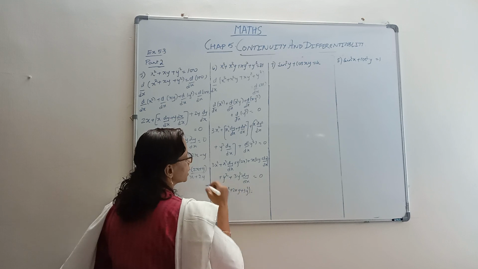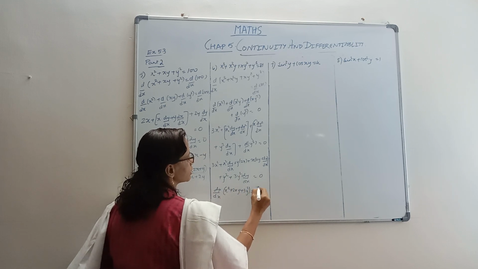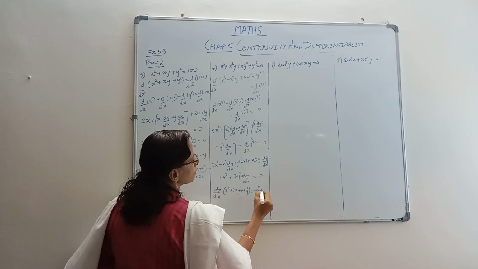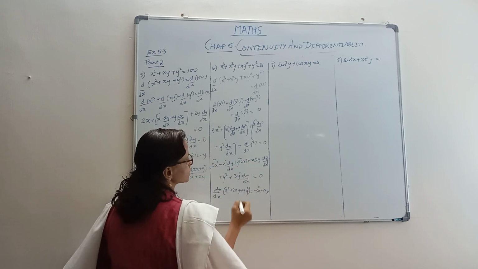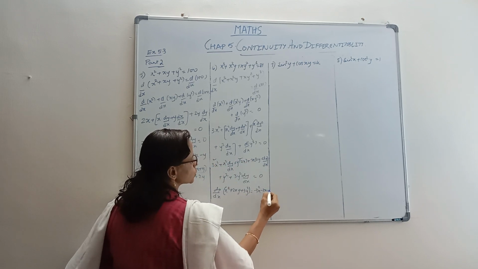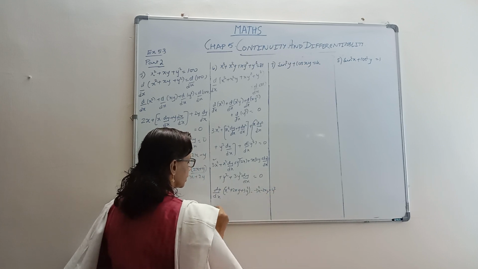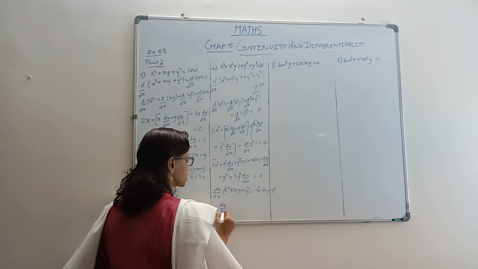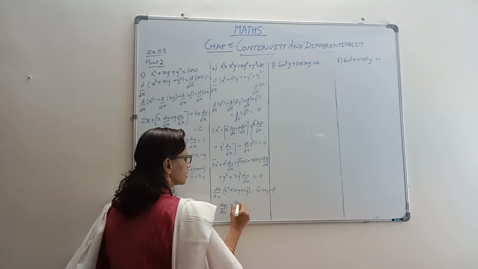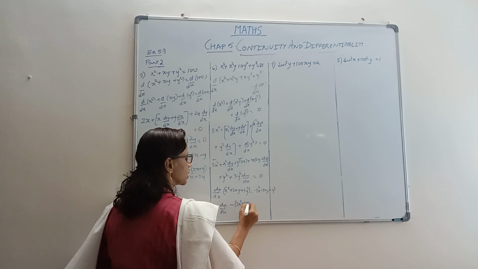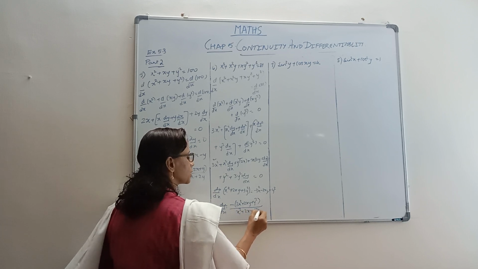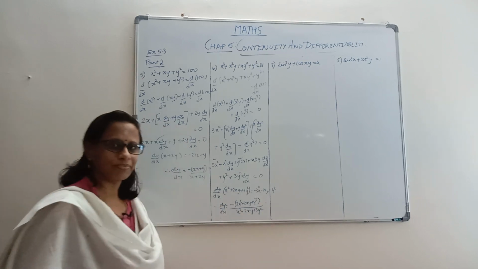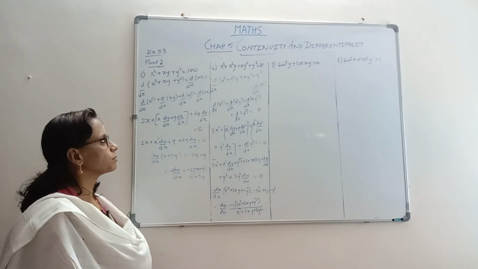And the non-dy by dx terms, we will take to the other side: minus 3x squared, minus 2xy, minus y squared. Therefore, your dy by dx is going to be minus (3x squared plus 2xy plus y squared) by (x squared plus 2xy plus 3y squared). That's all. So that's about this problem.